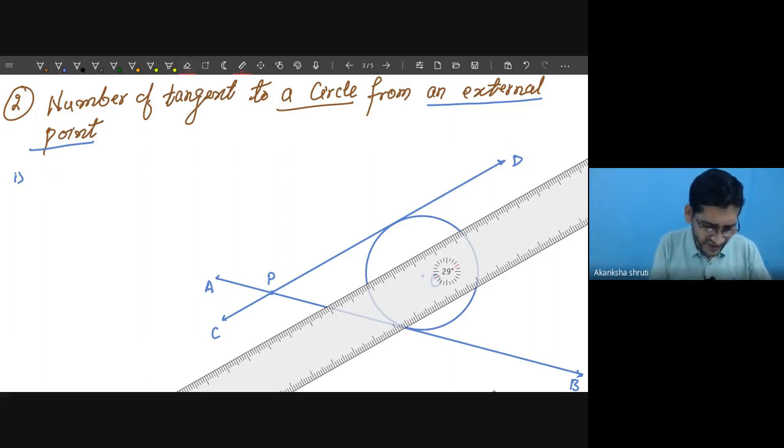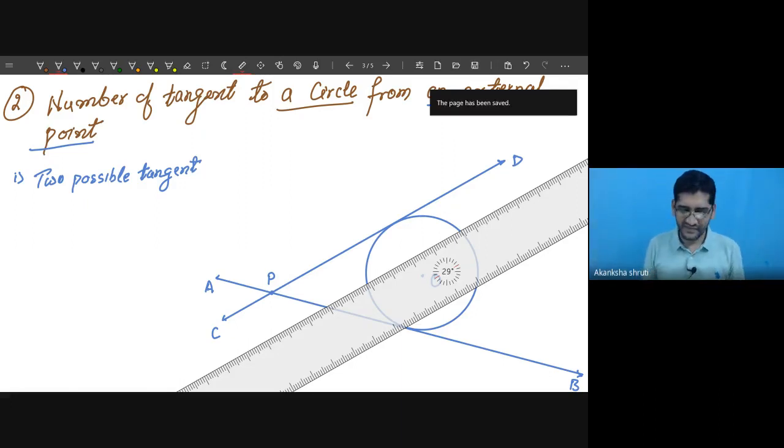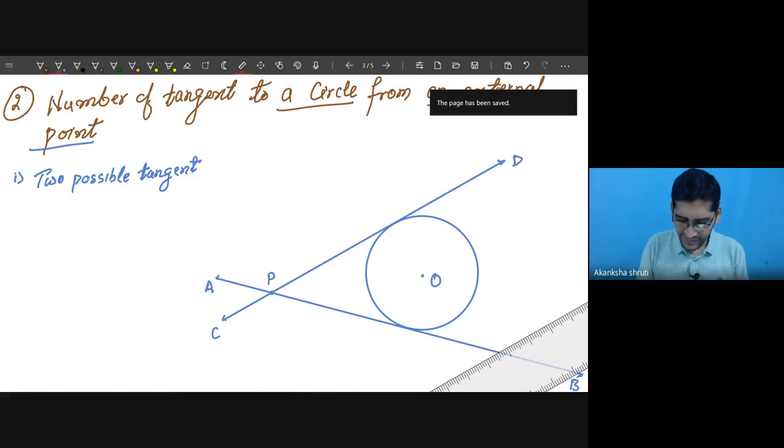That is the first thing that we need to keep in mind. So two possible tangents. What are they? They are our AB and CD.